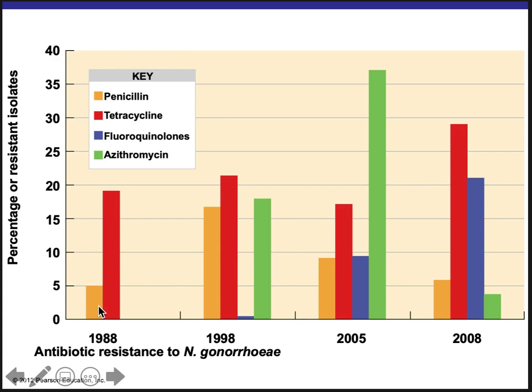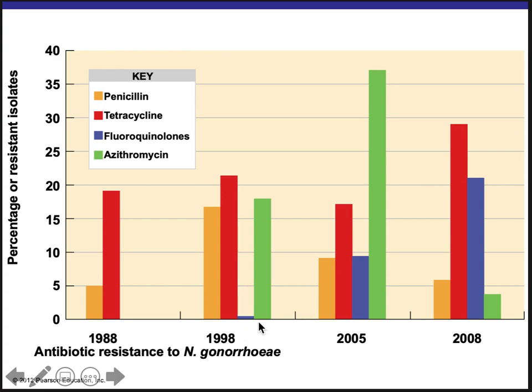And we started to see penicillin resistance. And by 1998, 10 years later, we see that the penicillin resistance has increased to about 16-17%, and the tetracycline increased, not too drastically, not compared to penicillin, but it did increase to over 20%.